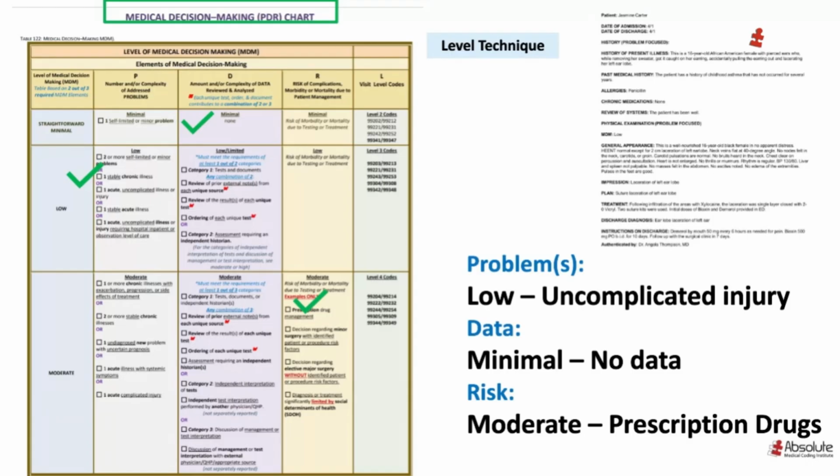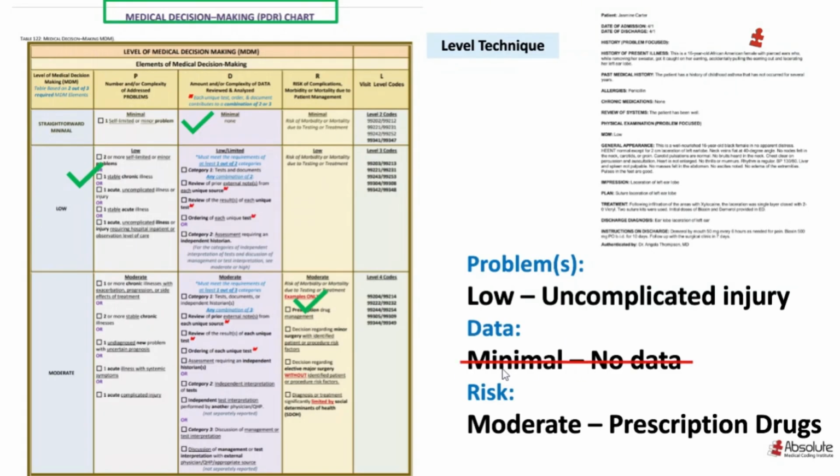Okay. So, since everyone's not answering, it's okay. You level by throwing out the lowest. And the lowest is this minimal or straightforward. I should have said minimal, straightforward, excuse me.